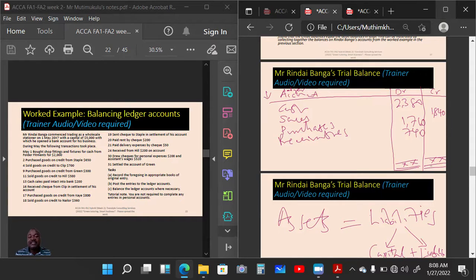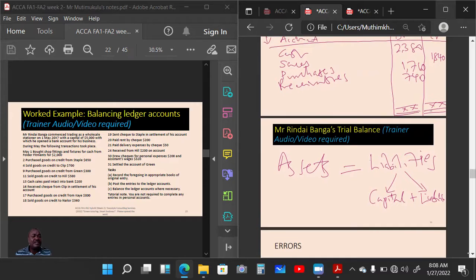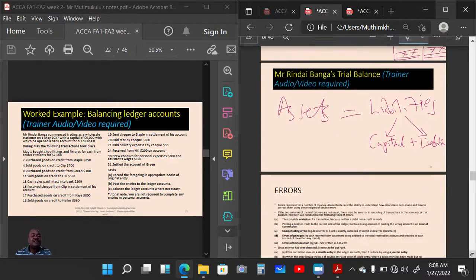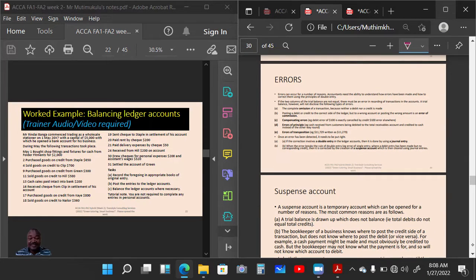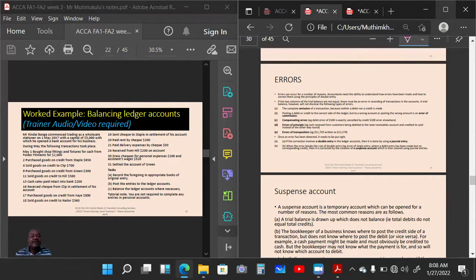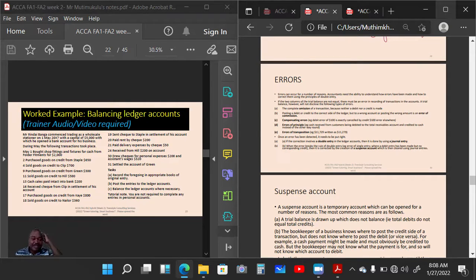Because by the end of the day, the trial balance should balance. But in our next and final segment here, sometimes a trial balance does not balance.